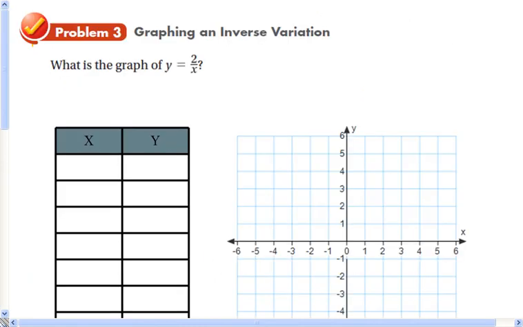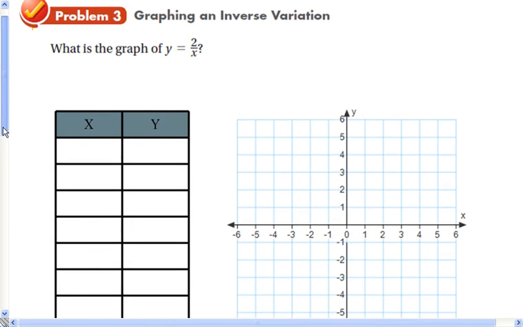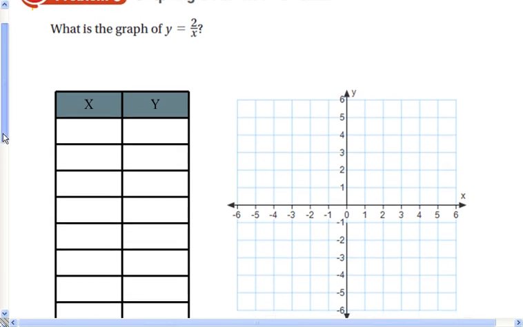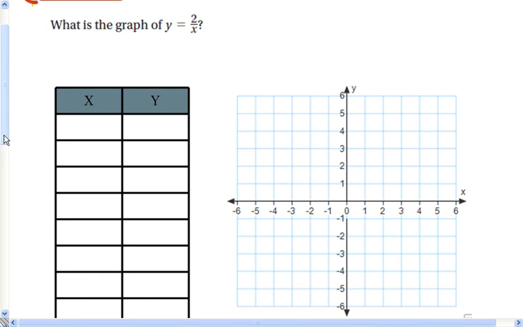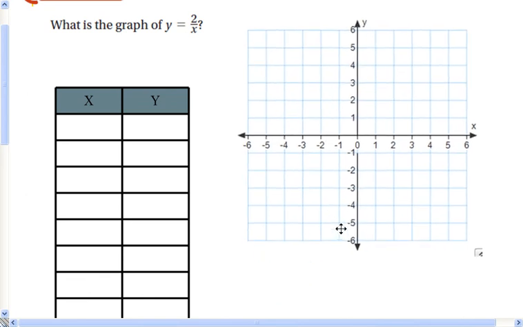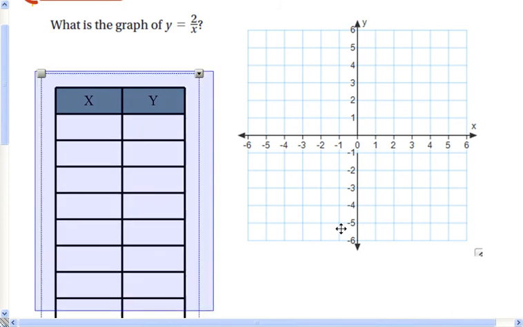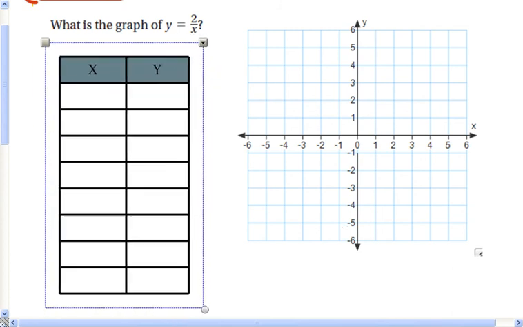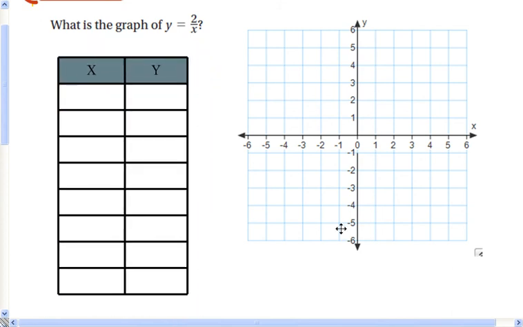All right, what do these graphs look like when it's an inverse variation? Okay, so I'm just going to pick some values for this equation, 2 divided by x, that will work fairly well for this. I think I'm going to change my scale too a little bit. So let's move this up a little so we can see the whole table. All right, so if x is, well, we know we can divide by 2, no problem, and 1.